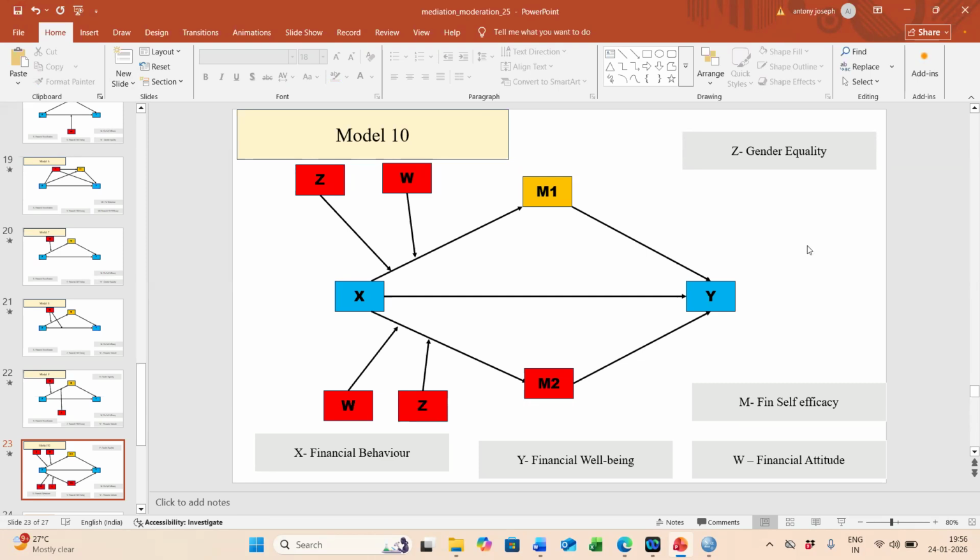The researchers are expected to experiment with different combinations, but you have to check with the theory. All the researchers listening to me must think whether this X variable, financial behavior, is related to or influencing financial well-being. Is there any theory behind it?